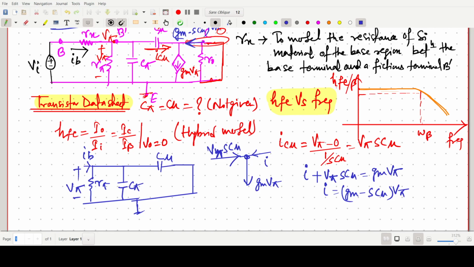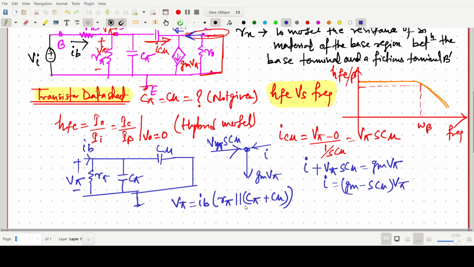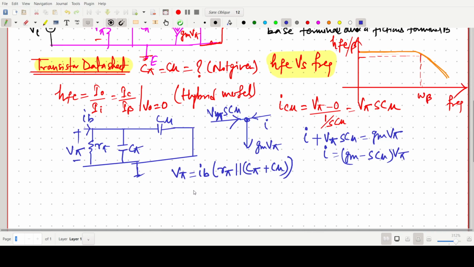So we can say that the value of V pi can be written as IB times R pi in parallel with C pi plus C mu, because this one is also in parallel mode.